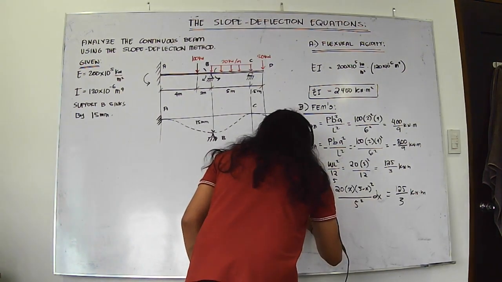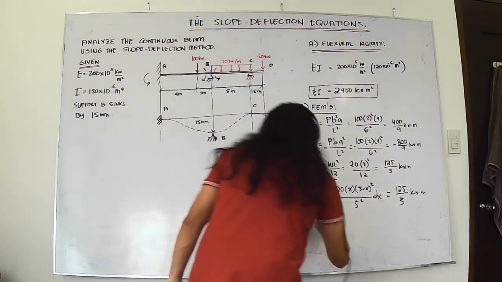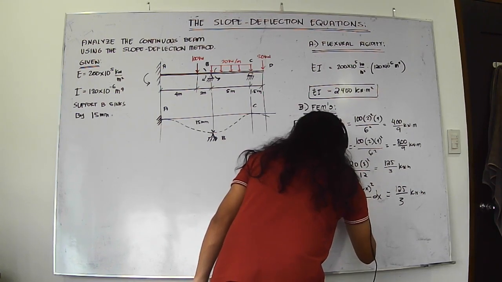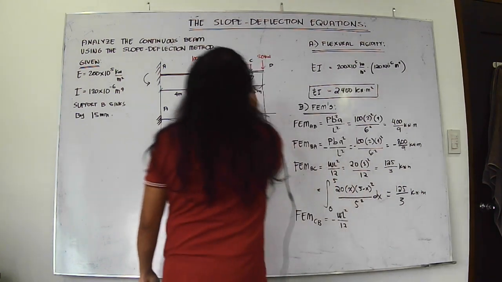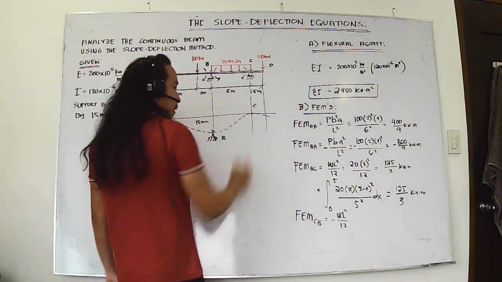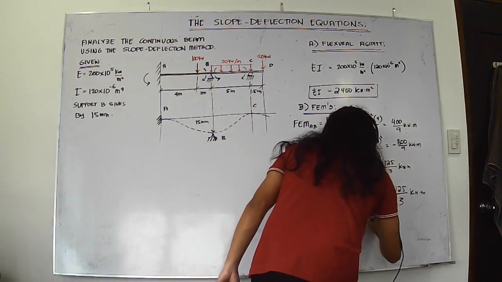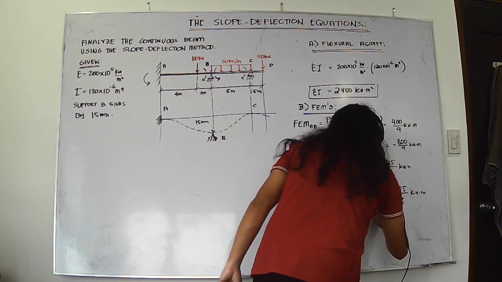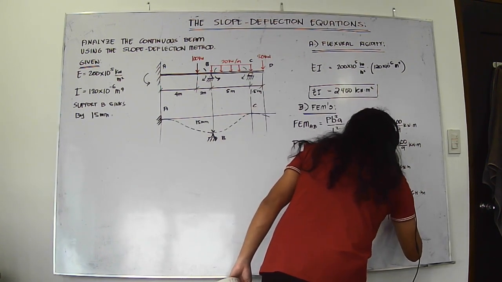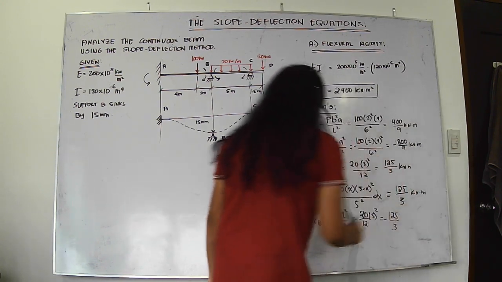Now that's for FEM BC. Let's try FEM CB. FEM CB is just the opposite. It is symmetrical, so it is basically the same: negative 20 times 5 squared over 12, which is negative 125 over 3.